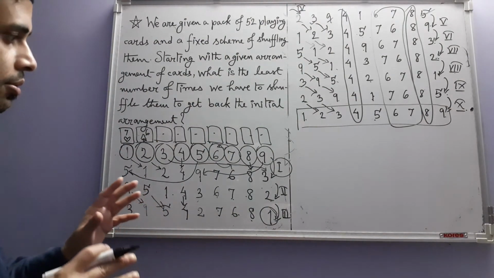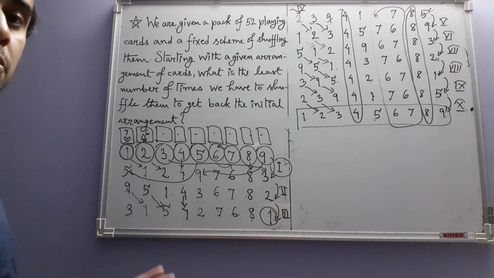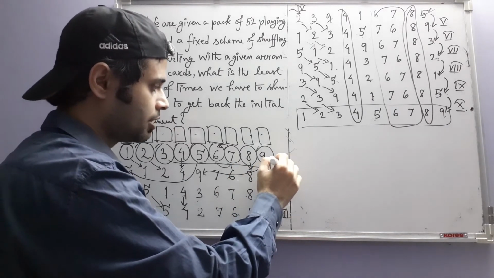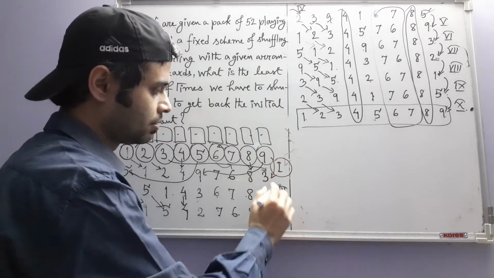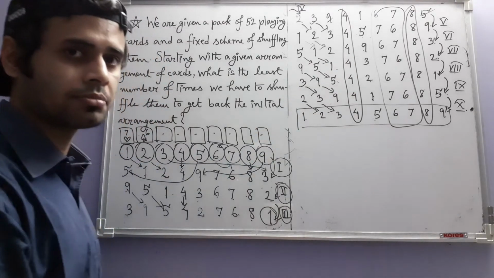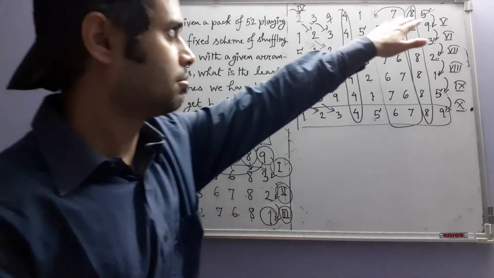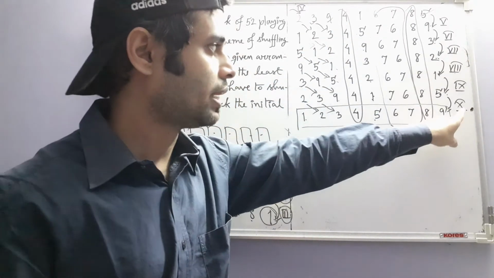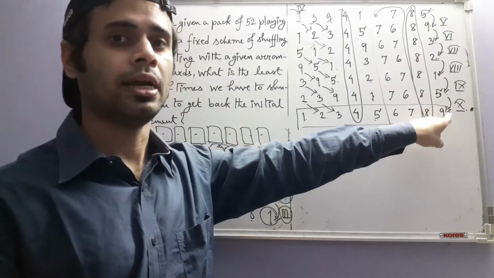Right. Now let's see how many times we have to apply the shuffling scheme. We have labeled the number of times, the applications of the shuffling scheme. So we had to apply it 10 times.